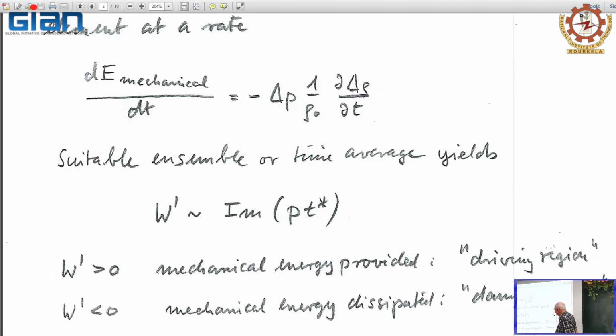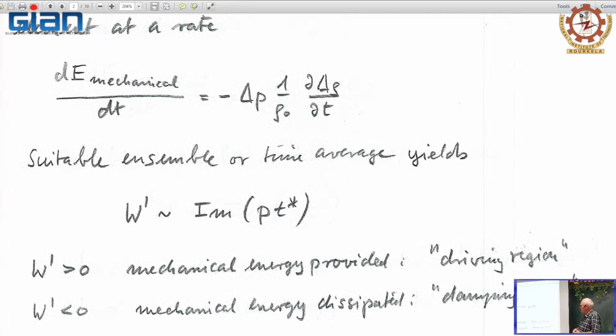If you perform the analysis, then the differential work integral, that means the energy dissipated or generated per integration interval per mass of the mass element, is proportional to the imaginary part of the product of the pressure perturbation times the complex conjugate of the temperature perturbation.